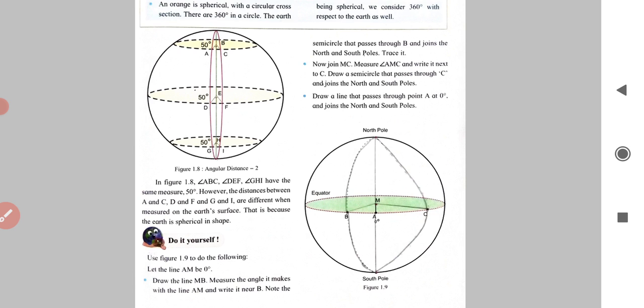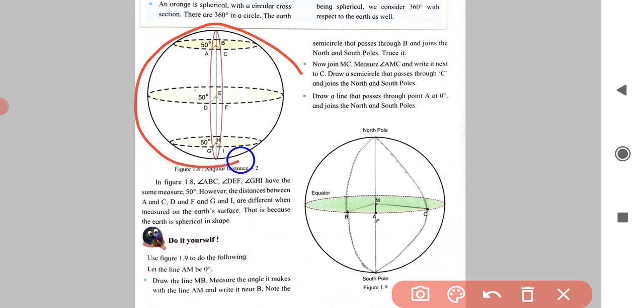See, in figure 1.8, angle ABC, angle DEF, angle GHI have the same measures. Dear student, I will show you all these angles. This is figure 1.8.